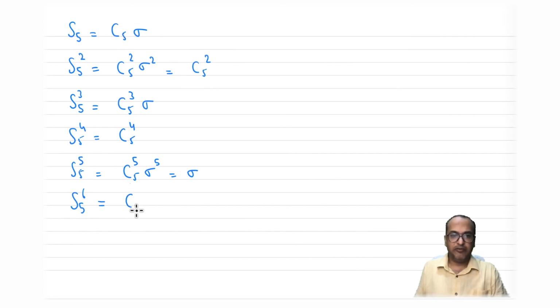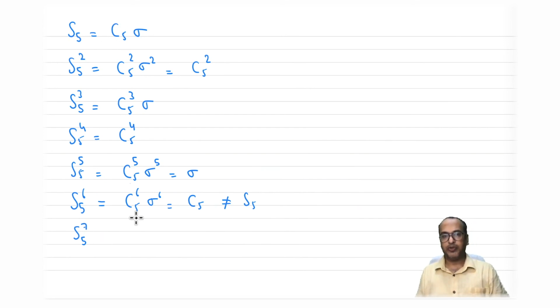This will be C5 to the power 6 sigma to the power 6, which is C5 done once and sigma. This is not equal to S5. So we need to keep going, because we are still getting non-redundant operations. When the redundancy starts, we need to stop.